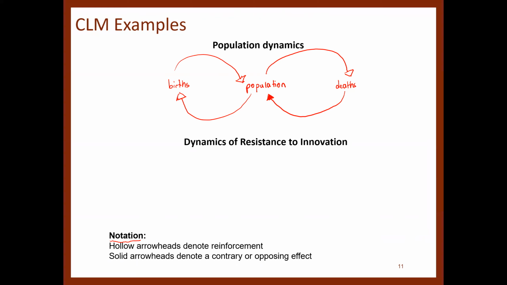You can see how the population is affected by these 2 variables. More population, you expect to see more deaths. And as you see more deaths, you expect a contrary or opposing effect on your population, in this case a decrease. On the other side, more population means more births, and more births increase the population, so it has a positive effect on the population.